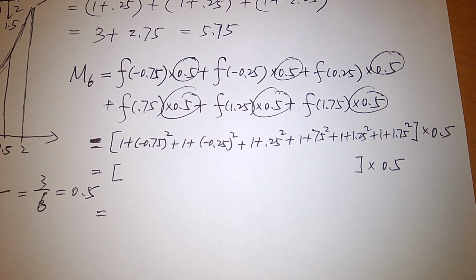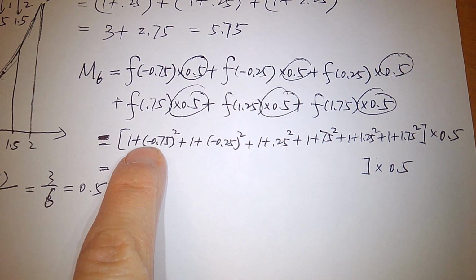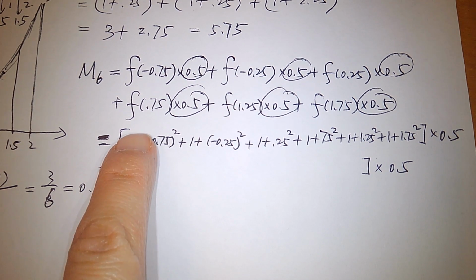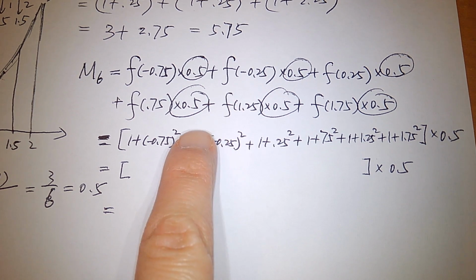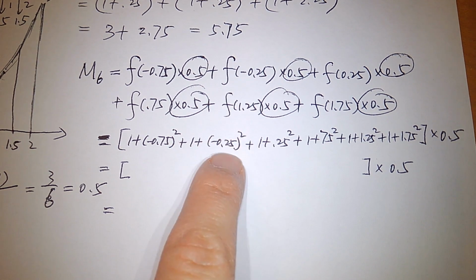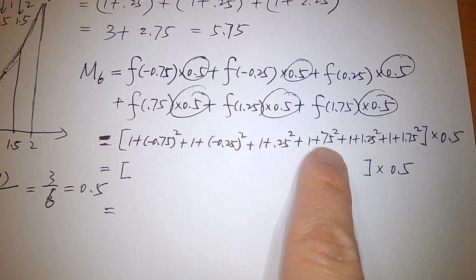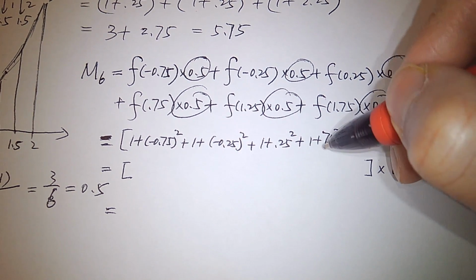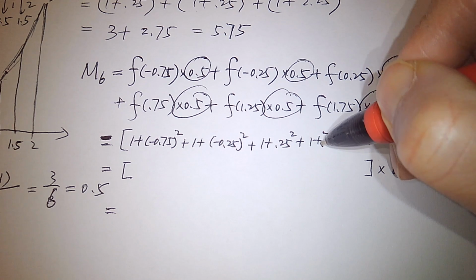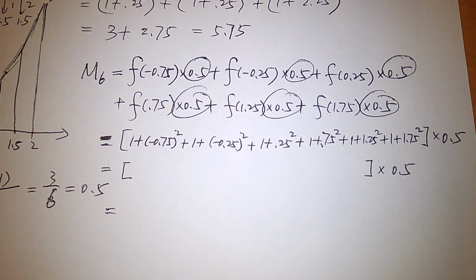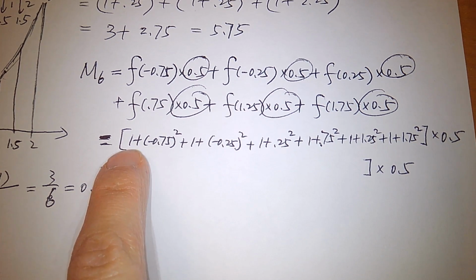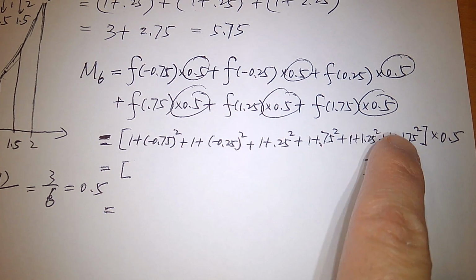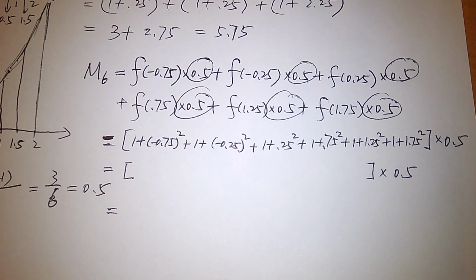Do it, please. -0.75, you can consider this 0.75, because it's a square. -0.25 is the same as 0.25 squared. This is 0.75, sorry, not 75. And this is 1.25, this is 1.75 squared. And then you can add 1. There are 6 of the 1 together, right?